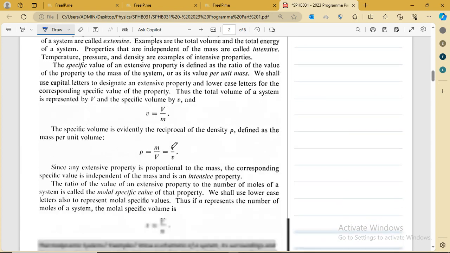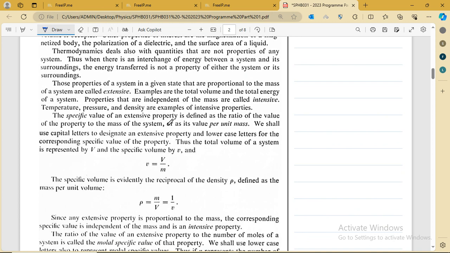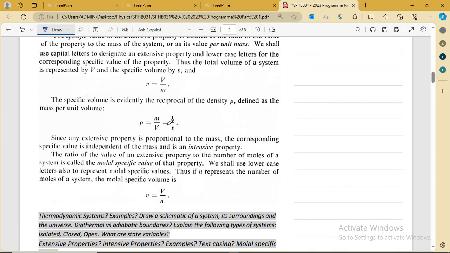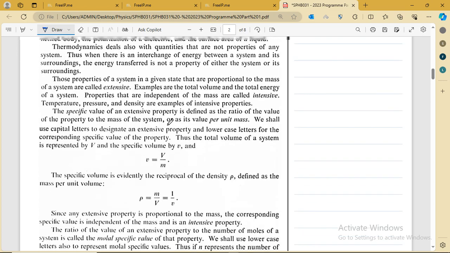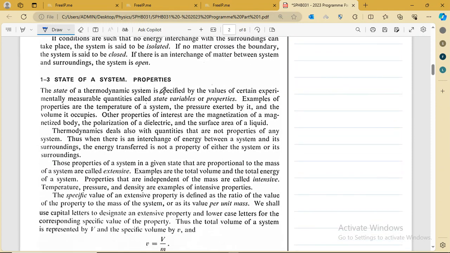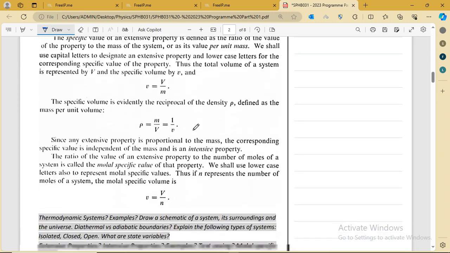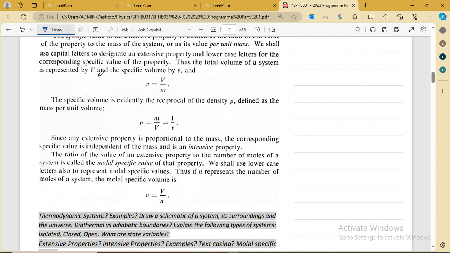Now I was talking of what you call state variable. Here in this unit 2, you can see we're talking of the state of the thermodynamic system specified by the values of certain experimental measurable quantities called state variables. So you have to go through the text.